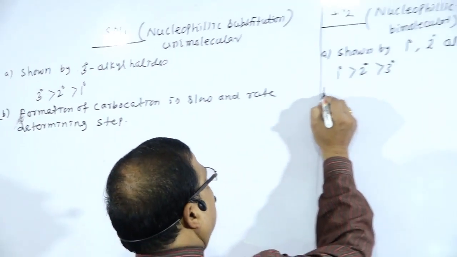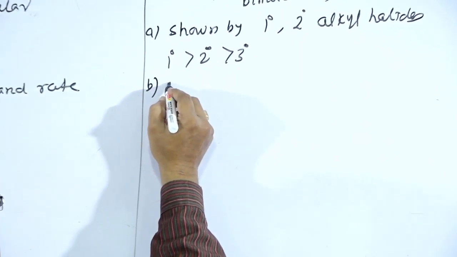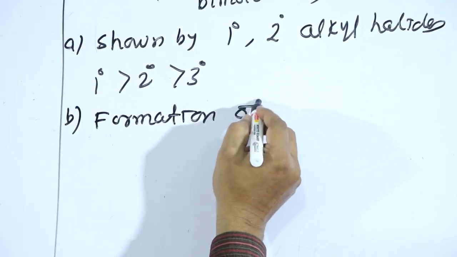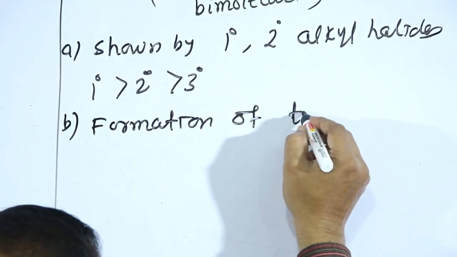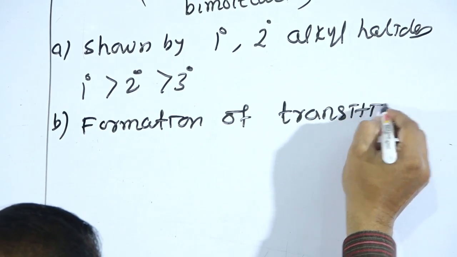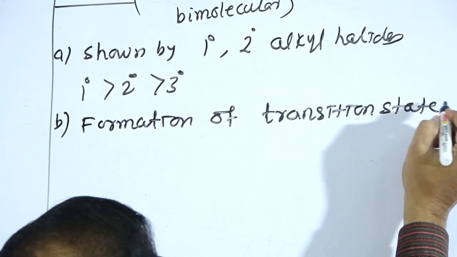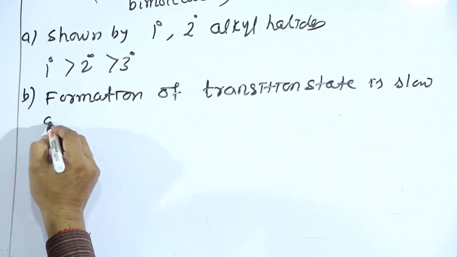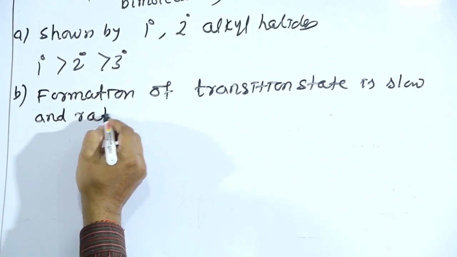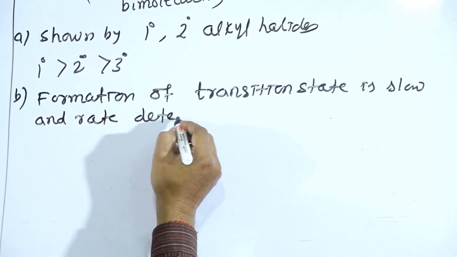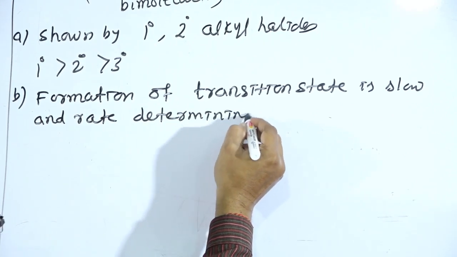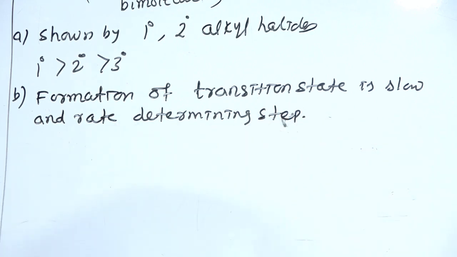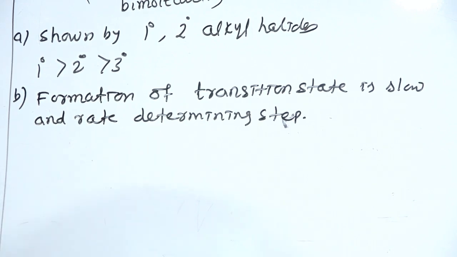In the other case, the formation of the transition state is slow and is the rate determining step.